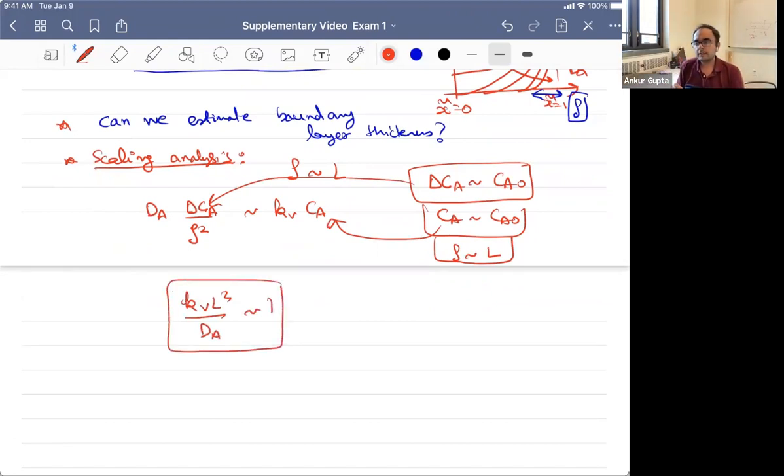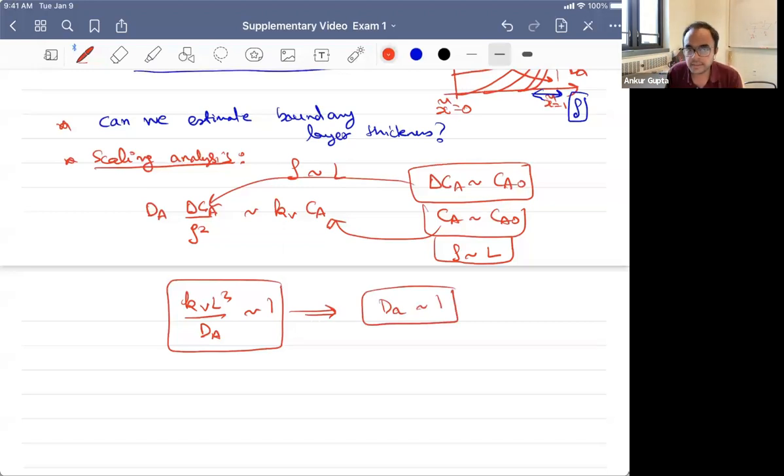Okay, and if you think about this, what we have done is we have over specified our scaling analysis system. By saying that delta is the length scale of L, we are saying that the diffusion on that length scale of L is balanced by the reaction. So essentially, that's why we get the Damkohler number on the order of 1.